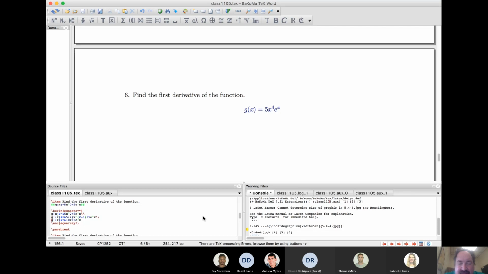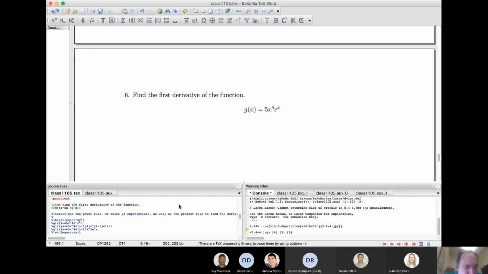Okay. This one slightly more. I believe it was the second problem we looked at. This is one that would require the product rule.